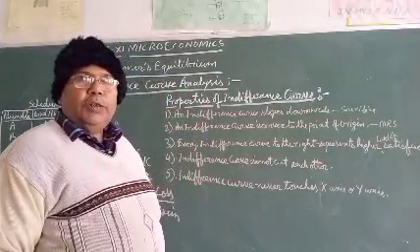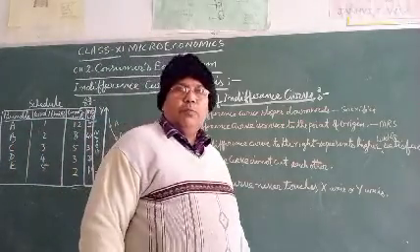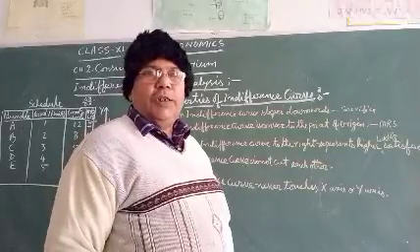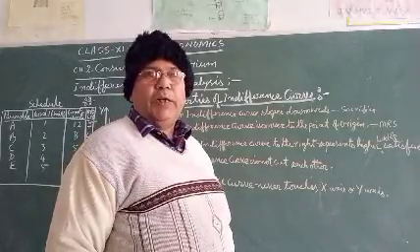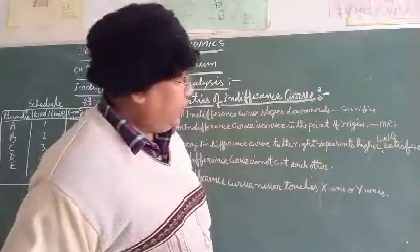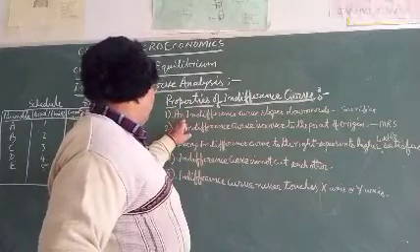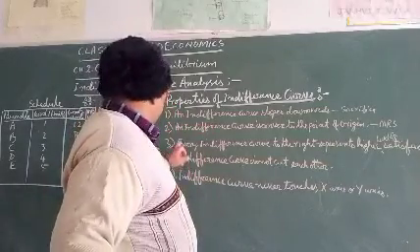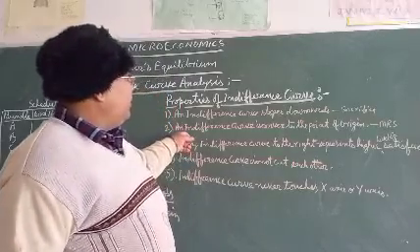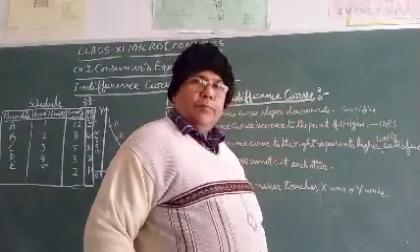Because if a consumer wants to consume more units of one commodity, then he has to sacrifice some units of another commodity. This is called the first property of indifference curve. The second property of indifference curve is that an indifference curve is convex to the point of origin.